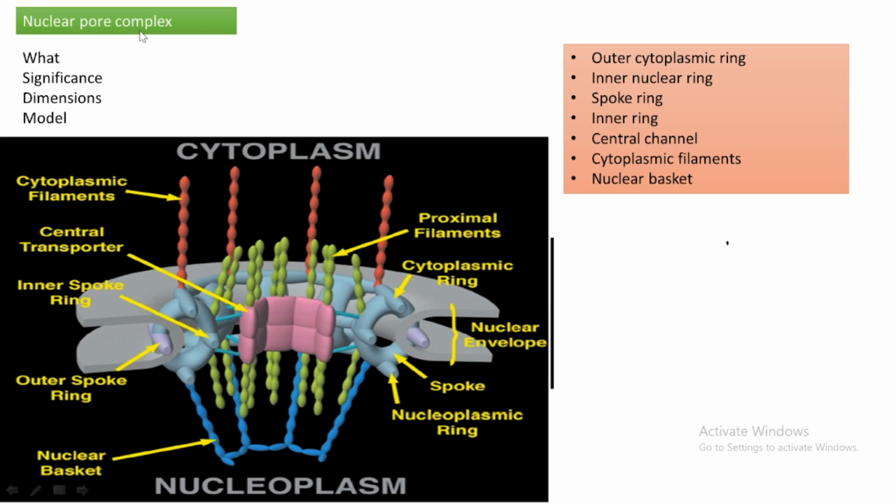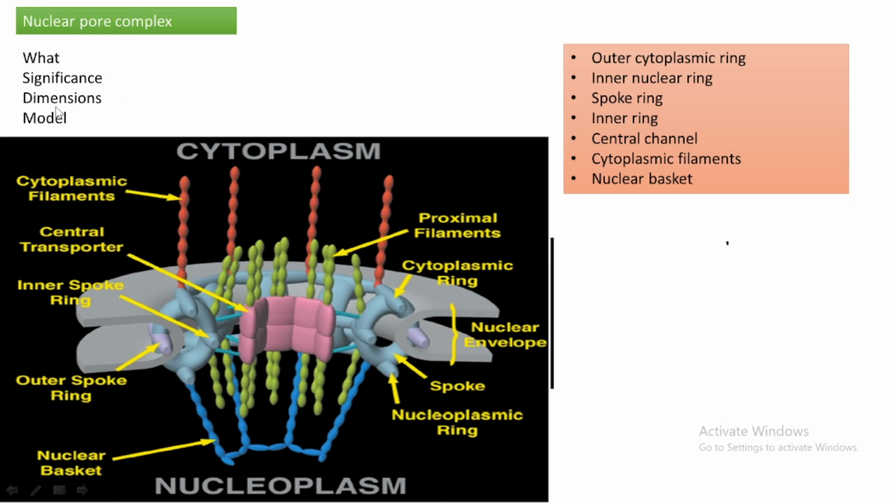That means that structure is very important. And give some examples for those molecules or compounds that are exported. That includes tRNAs, mRNA, certain ribosomal subunits. All those are examples of substances that are exported from nucleus to cytoplasm.